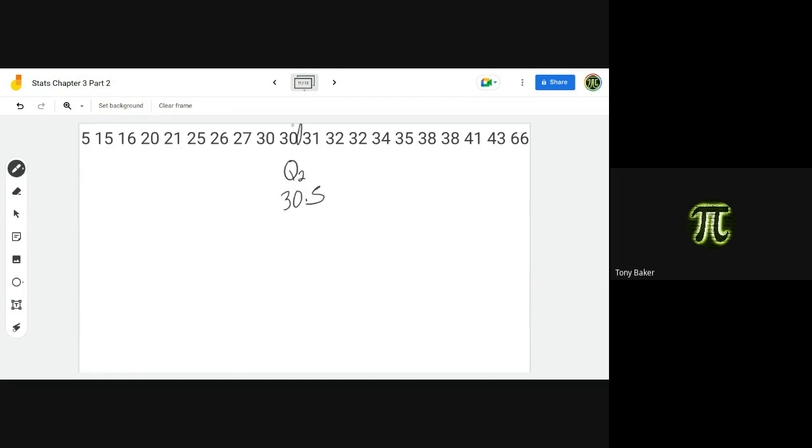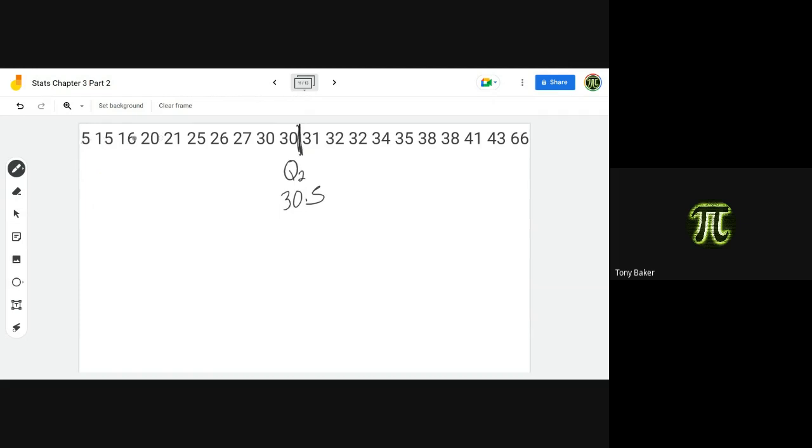So that now splits my data in half, correct? Okay. So I want to find my median of my lower half now. We're going to do the exact same thing, but we're just going to look at the first 10 numbers.